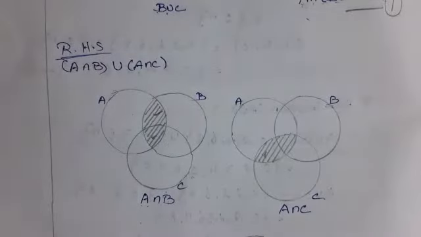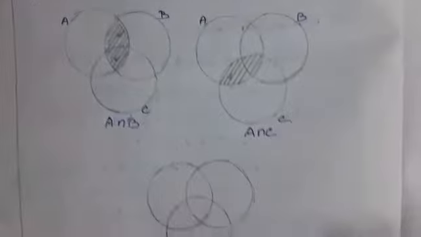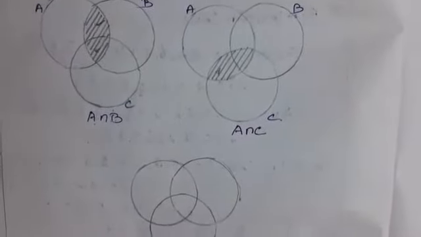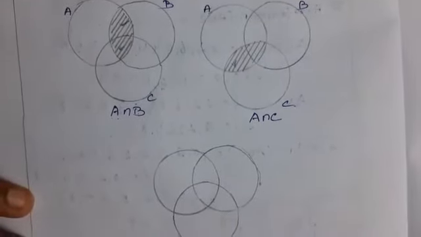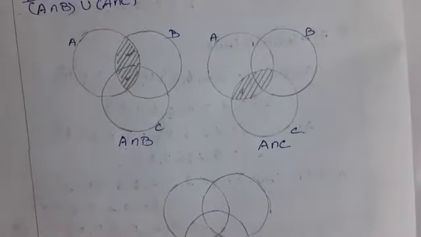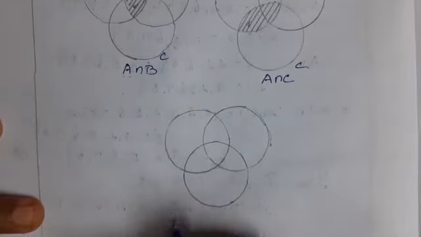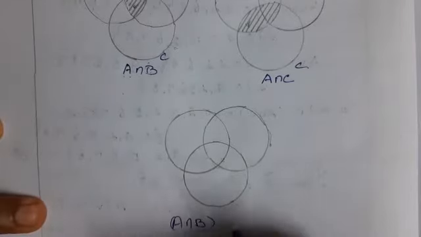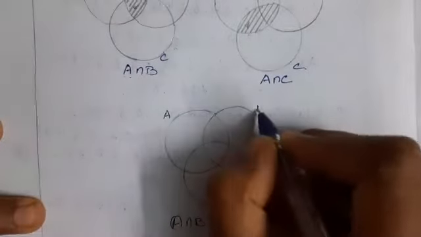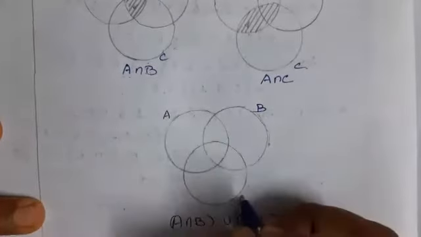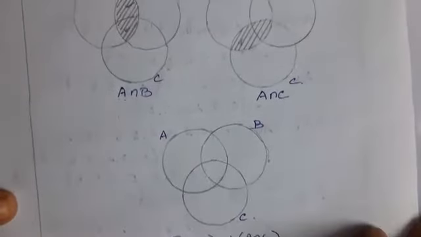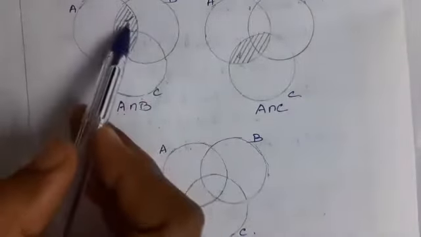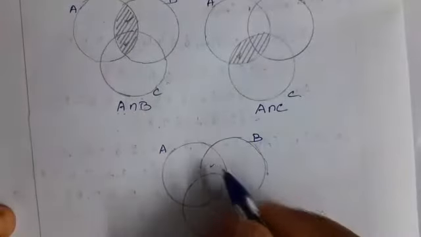Now, you are ready to find the union of these 2. Below this diagram, union of A intersection B and A intersection C. First circle is A, second always B, this one C. Now, what is the meaning for union? You must shade all the portions. See the diagram here. Here you have shaded, therefore here you must shade.